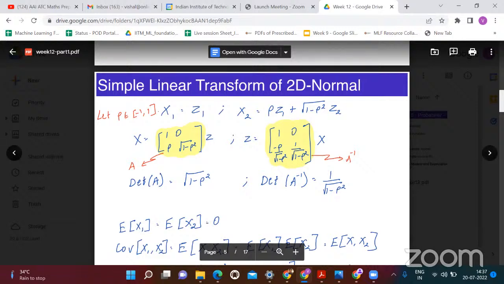And then x1 and x2 are written in this form, so x1 and x2 are simply the transform of z1 and z2.